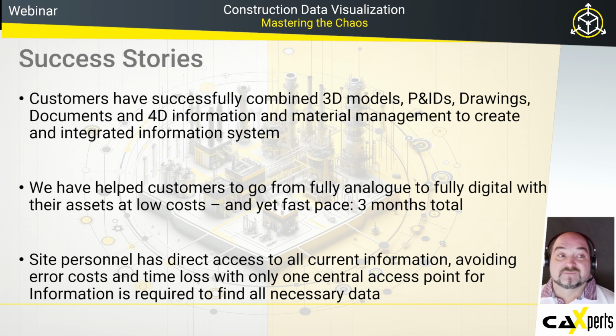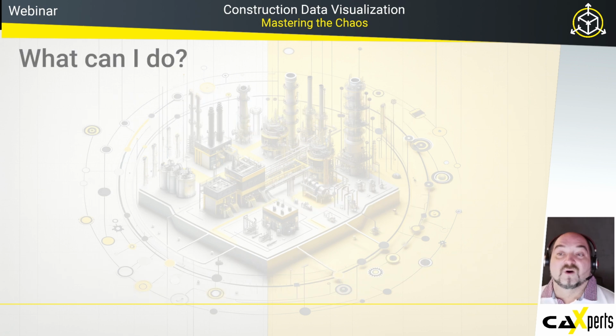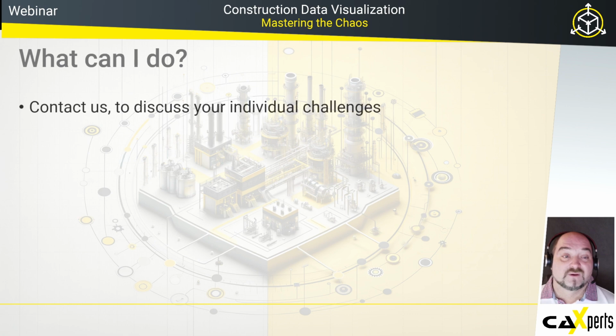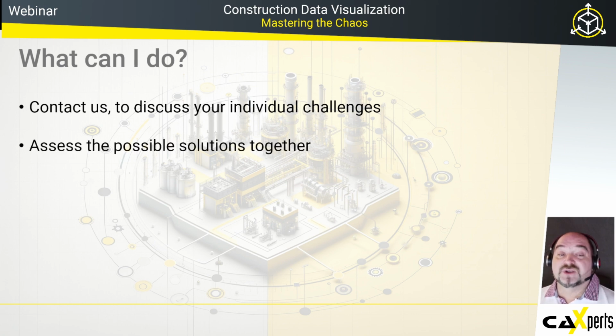So the question at the end now is, what can I do? Well, it's actually quite easy what you can do. Contact us. Let's discuss your individual challenges, and in the next step, let's assess the possible solutions together. Because there might be more than one way to go, there might be more than one solution. So let's see which solution, which combination, which integration will fit your workflows and your data best.